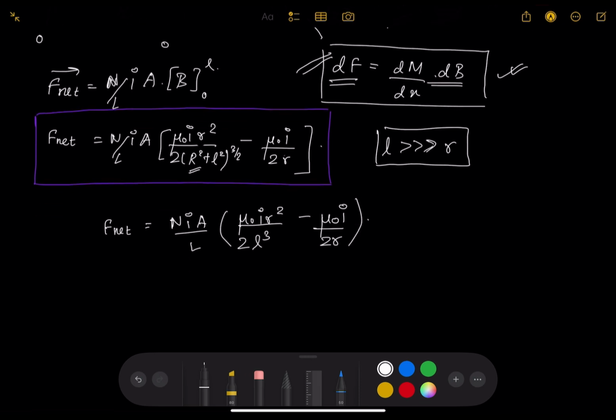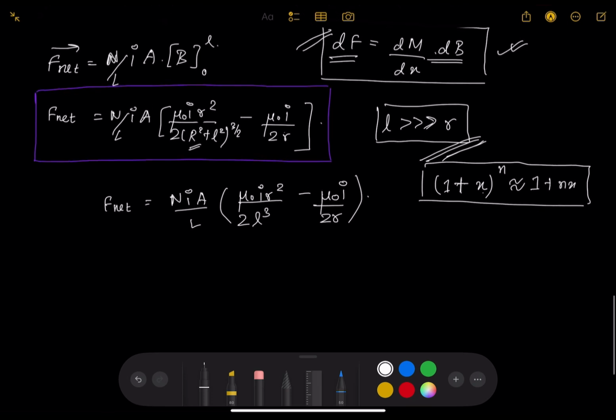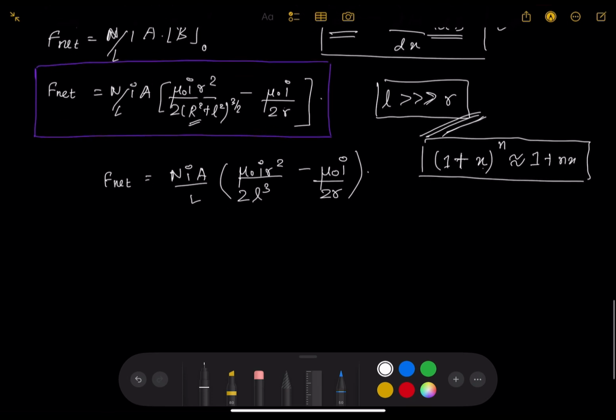We're basically using this approximation, and actually it's supposed to be solved using the binomial theorem. We should be converting fractions to this form: (1 plus x) raised to the power of n is approximately equal to 1 plus nx. This is what we should be using, but we're using blatant approximations right now, in hopes of deriving the right answer.